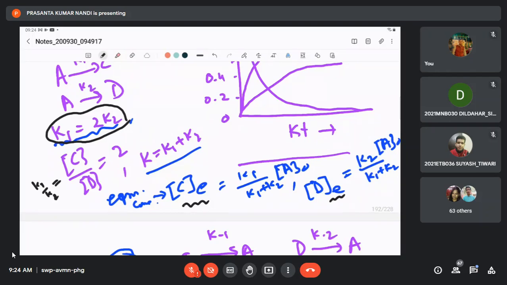Because if we allow infinite time, then the reaction will virtually attain the equilibrium state. You find that no more changes occur in the reaction mixture, whether it is the products or reactant amounts, whatever is left in the reaction mixture cannot change further. So that's why we can take an infinite time approximation. For that case, the concentrations of C and D attain their equilibrium values, which is equal to this.